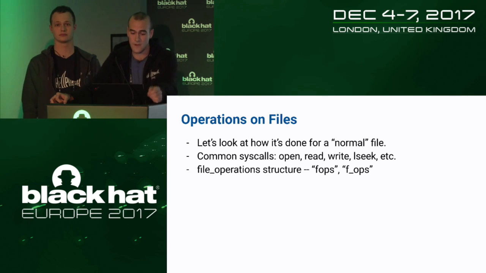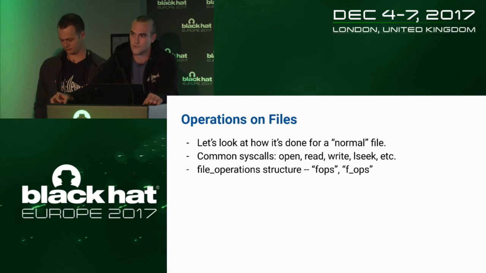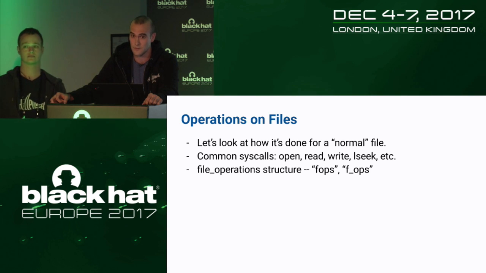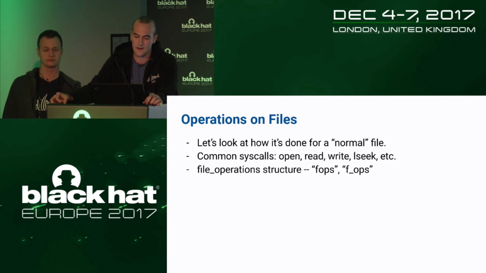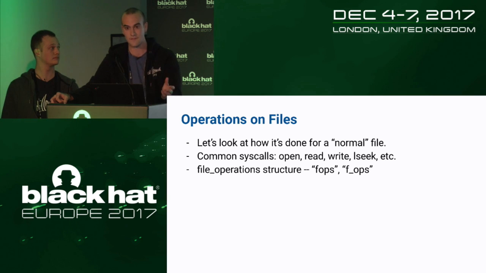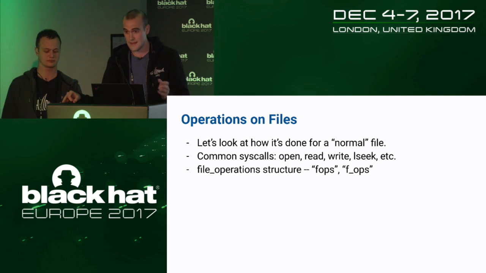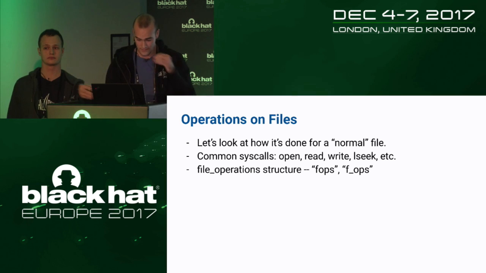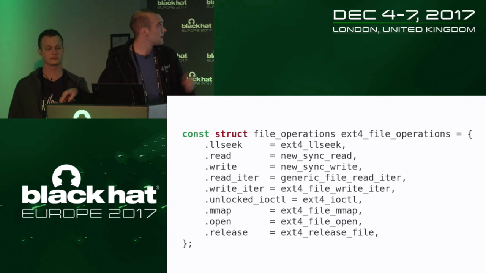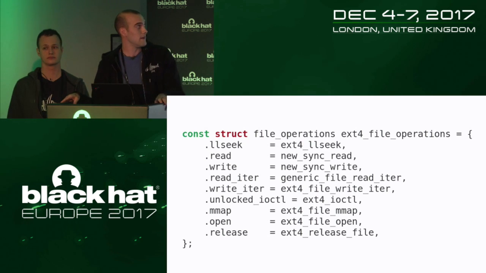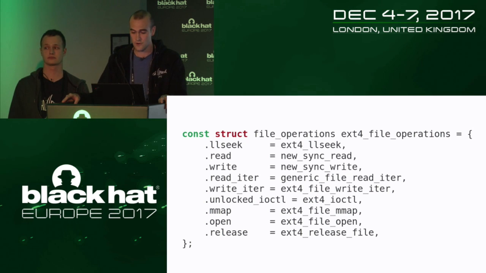To handle that, we have a thing called the file operation structure, or FOPS for short. As its name implies, it's there to define, given a particular type of file, how do I handle the operations for that file? Keeping with our example, I just said an ext4 file. So here is the code in the Linux kernel for the ext4 file operations struct.